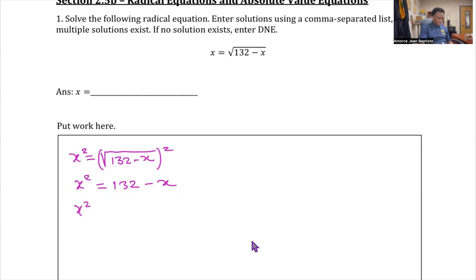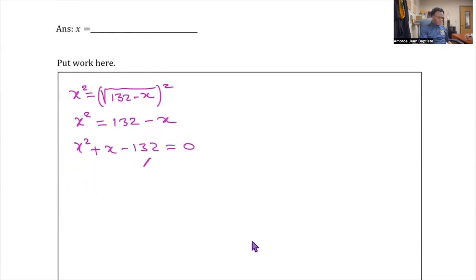x squared plus x minus 132 equals 0. Then we have multiple ways to solve a quadratic equation. This one can be solved by factoring. If I find two factors of negative 132 whose sum is positive 1, then I can factor this expression easily and directly.